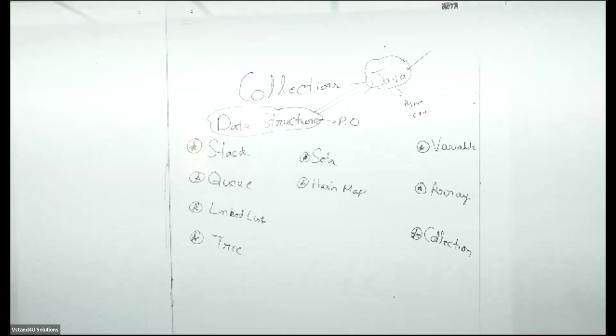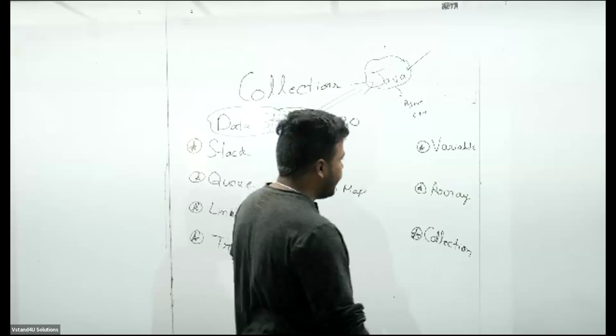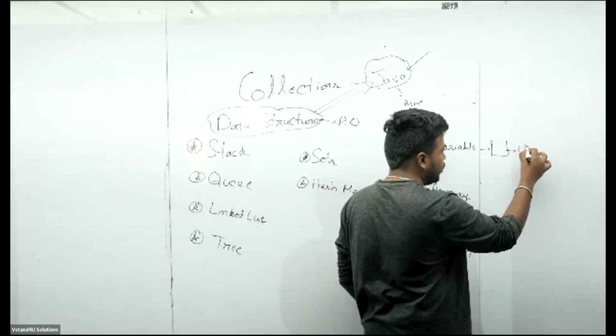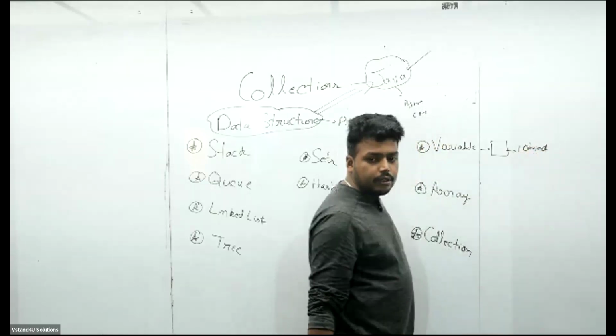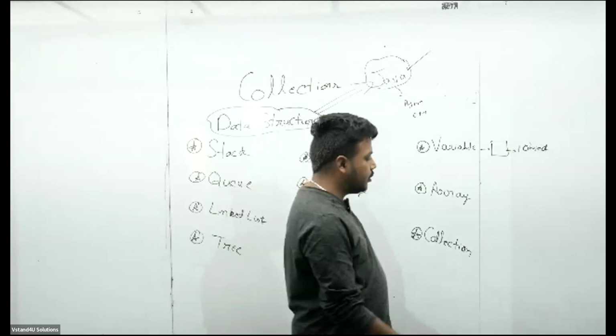What is variable? What is array? What is collection? Variable, it is a container. It is used to store a single object or a single variable.